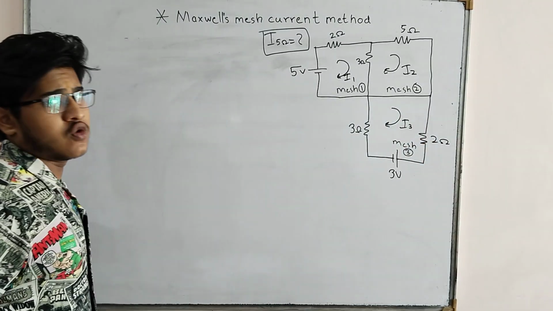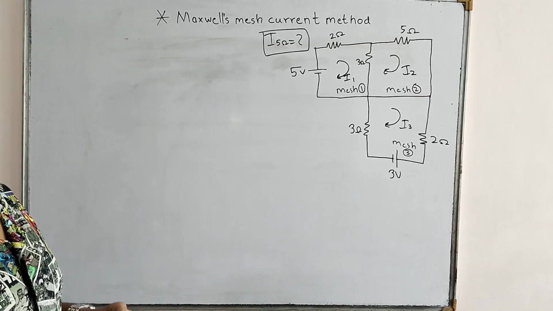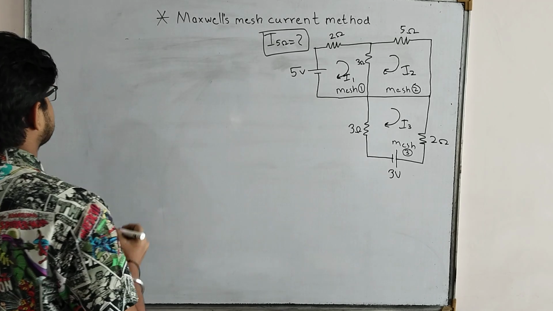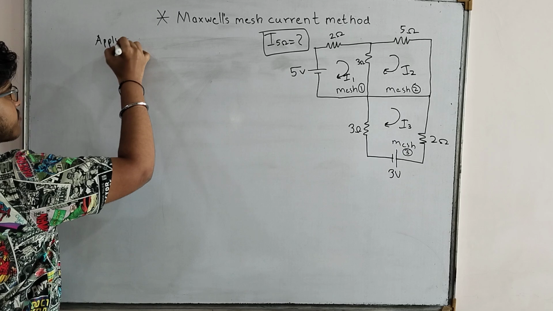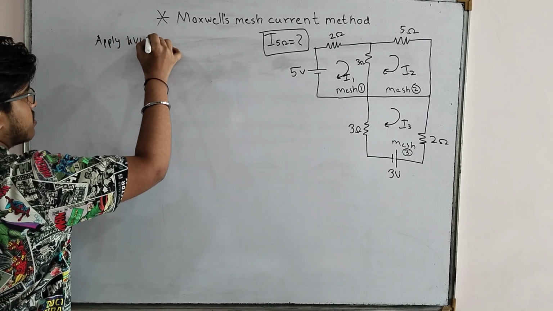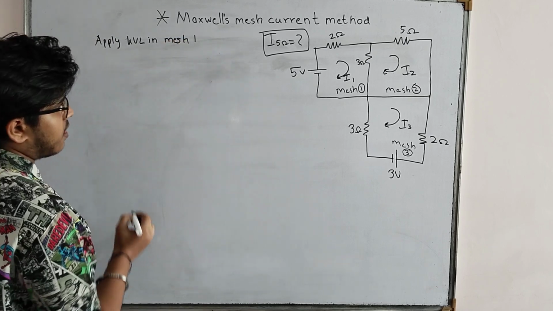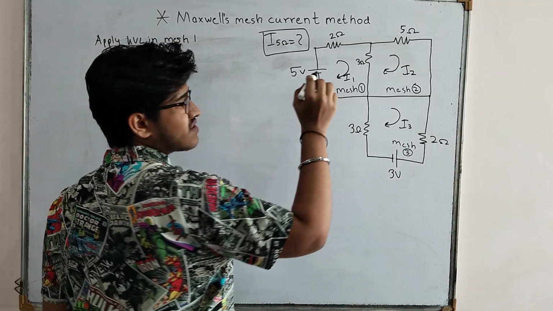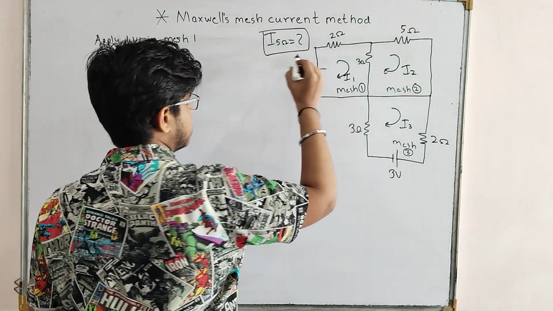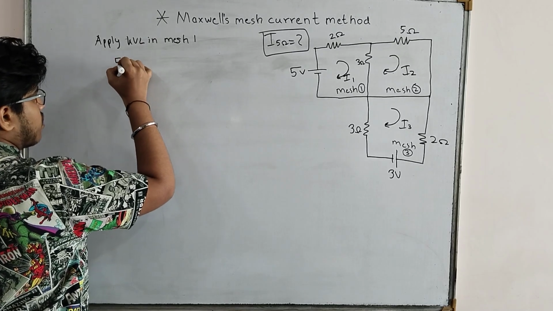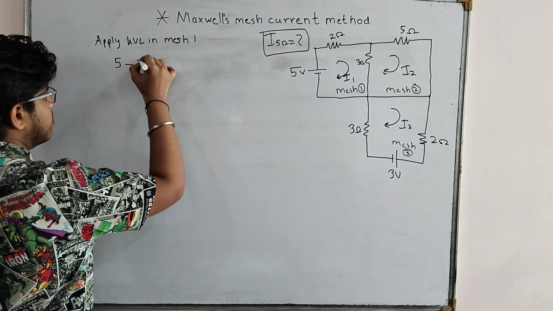Okay, I hope that you all have revised the KVL law, which I explained in the previous lecture. Now let's solve the sum. I will write here, apply KVL in mesh 1. We will solve first for mesh 1. Our main core direction is clockwise and the voltage source is in the clockwise direction, so it will be plus 5. Then it will be I1 minus 2 times I1.